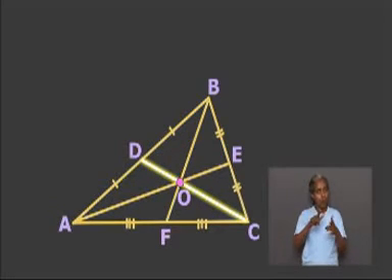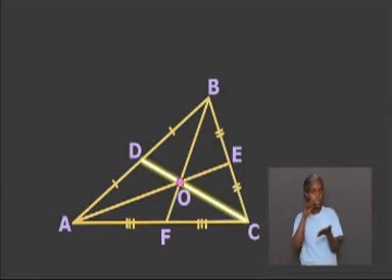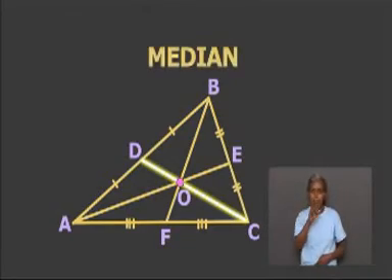When a line is drawn from a triangle's vertex to the midpoint of the opposite side, we call it a median. We will use these terms now, students, to prove some basic geometric facts.